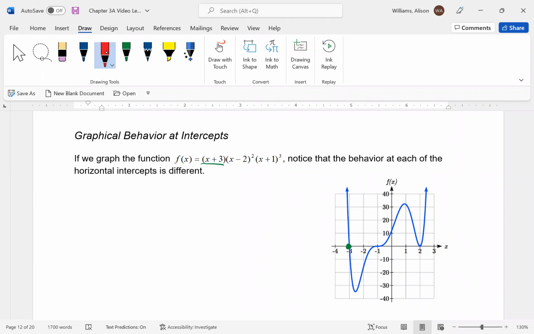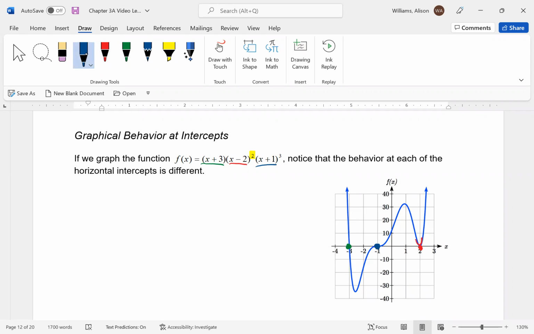And then x minus 2 is going to be at +2. And I notice that the graph bounces off at 2. See that? Well, that's because it has an exponent of 2. The last one, x plus 1, occurs at x equals -1.